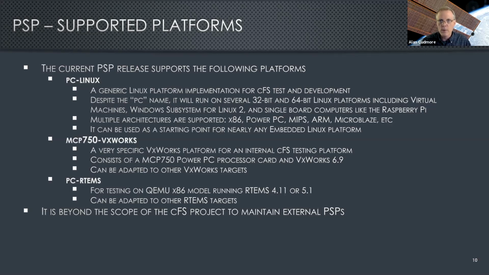So in the embedded systems world, this might as well be called the Commodore 64 because you really can only find them on eBay. So this is a very specific board for an internal CFS test platform that we have at Goddard. It consists of an MCP750 PowerPC processor card and VxWorks 6.9. It can, however, be adapted to different VxWorks targets, and we do that all the time in our work.